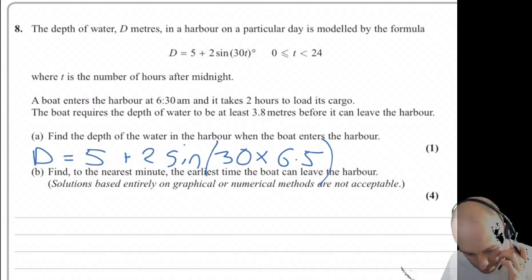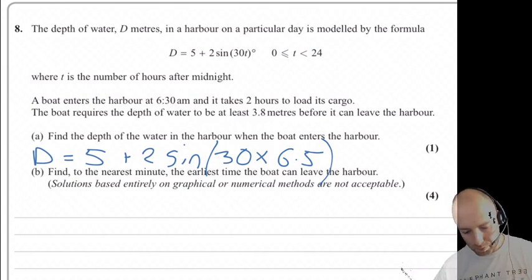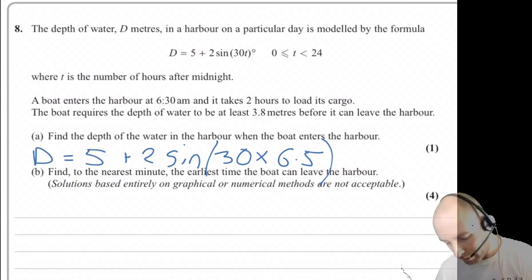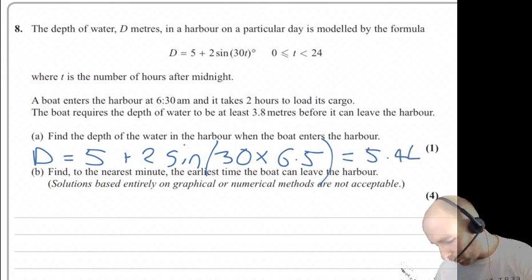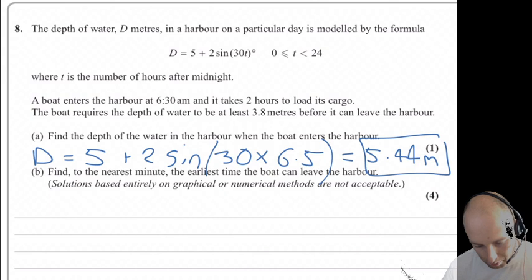I feel this needs to be radians, but we'll see. Depth of water comes out as 5.4. Sounds about right. 5.44 meters. If we did it in degrees, we would get, oh, it's still, very interesting.